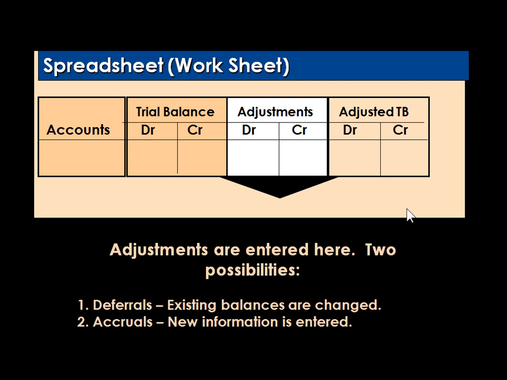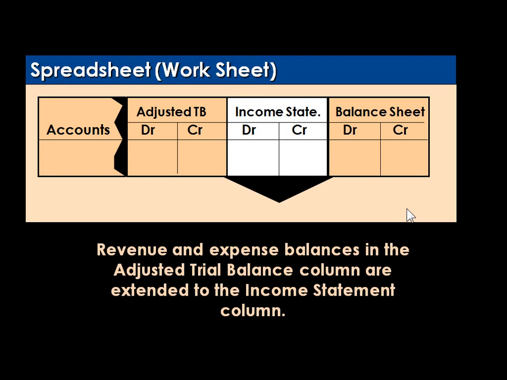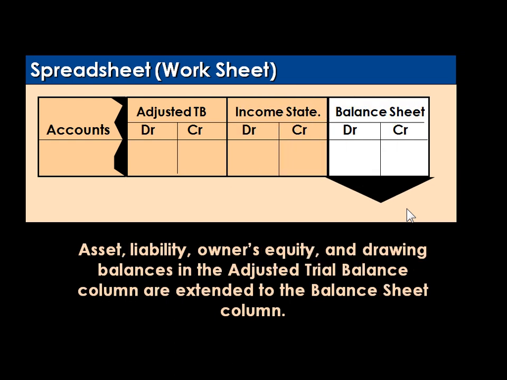They're going to go in your adjustment columns. And then you're going to add the adjustments through and get your adjusted trial balance. This keeps you in balance and helps you make sure you haven't forgotten anything. The revenue and expense balances are carried into the income statement columns, and the balance sheet accounts are carried into the balance sheet columns, as I mentioned previously.